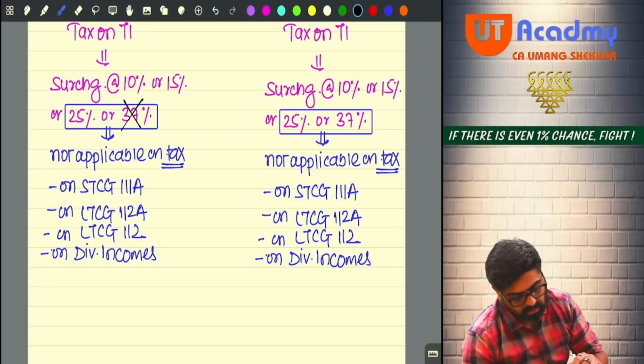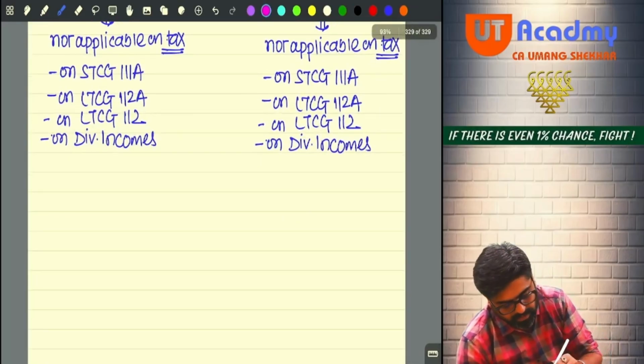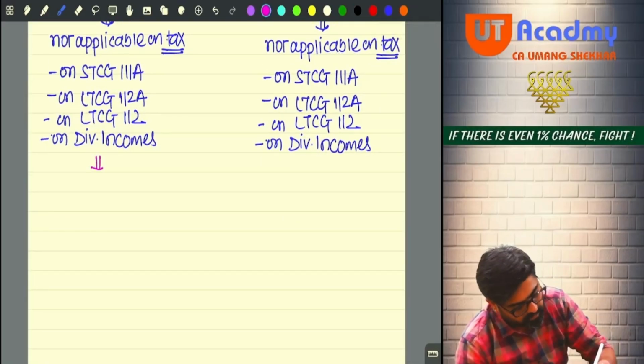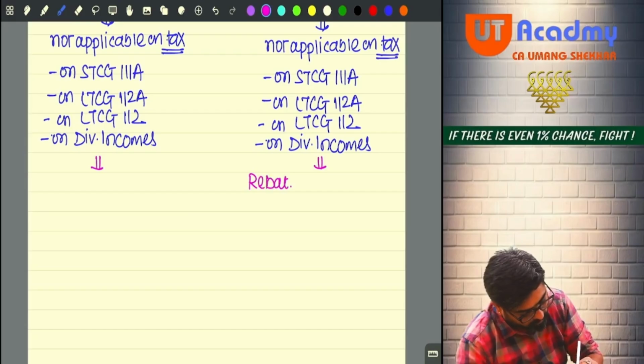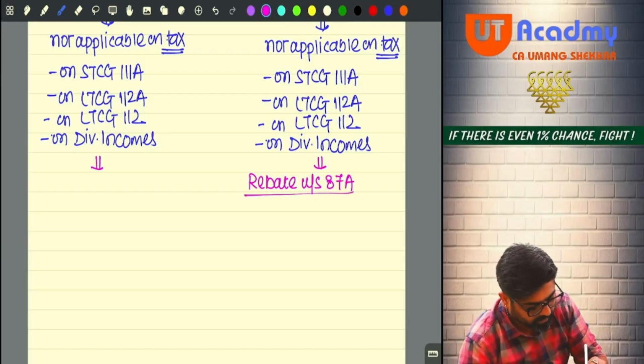Yes or no? Now, one more thing. Rebate was applicable. Do you remember rebate under section 87A? What was the rebate? Tell me.